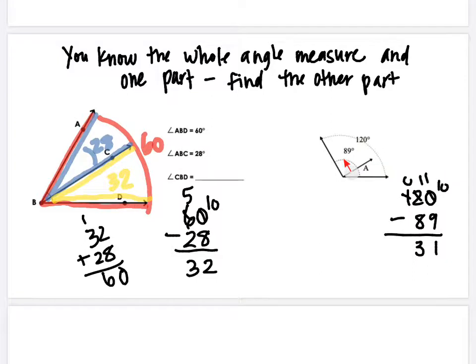So 31 degrees would be the missing measurement for angle A. Let's double check it, because 31 plus 89 needs to equal 120. So let's double check ourselves. 120 degrees. So that is indeed the missing angle measure, 31 degrees.